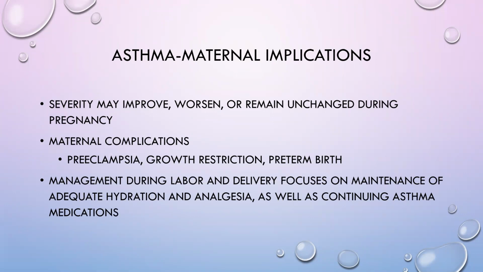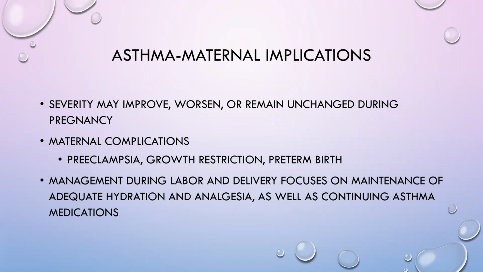Asthma, during labor or pregnancy, it may not be changed at all, or it may get worse. Complications from asthmatic patients include preeclampsia, growth restriction, and preterm births. With these women, we need to make sure they stay as comfortable as possible and that they stay hydrated.